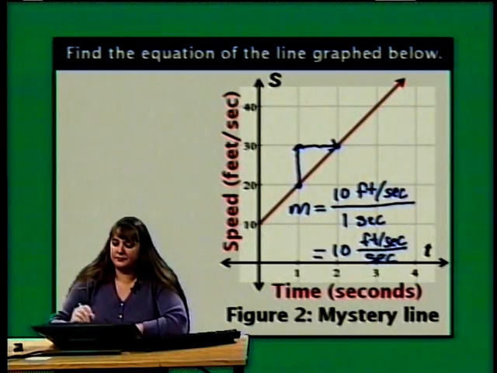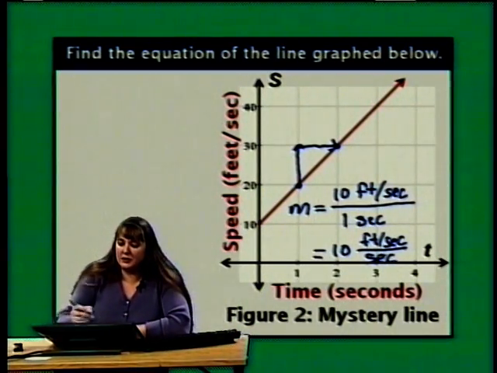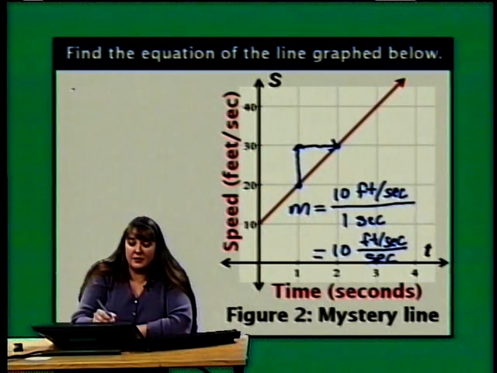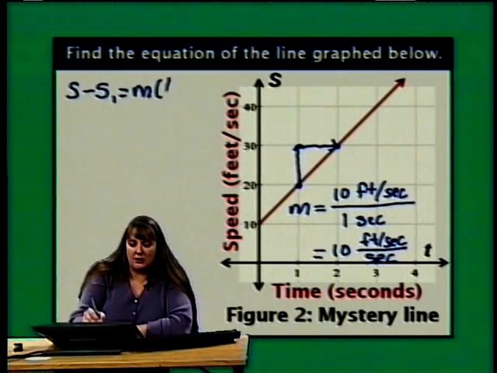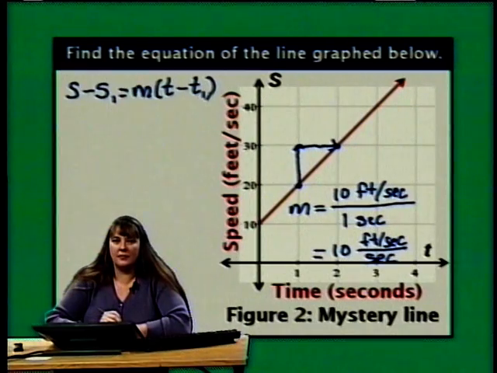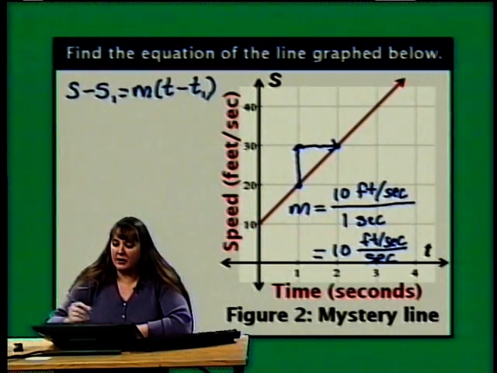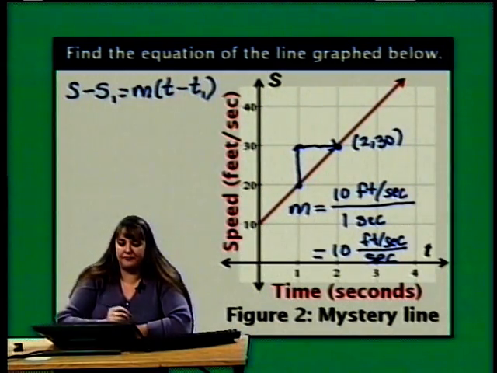So let's go back to our point slope form and use the variables s and t. So we would have s minus s sub 1 equals m times the quantity t minus t sub 1. And let's pick one of our points. How about this top point, 2, 30, that we have marked here?